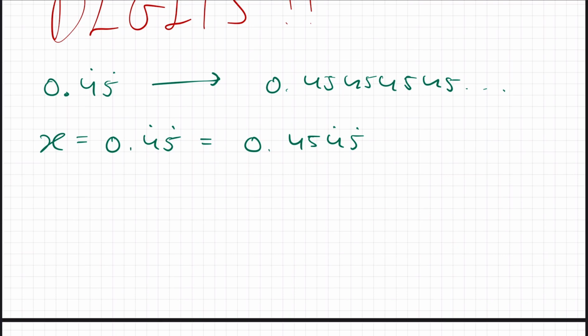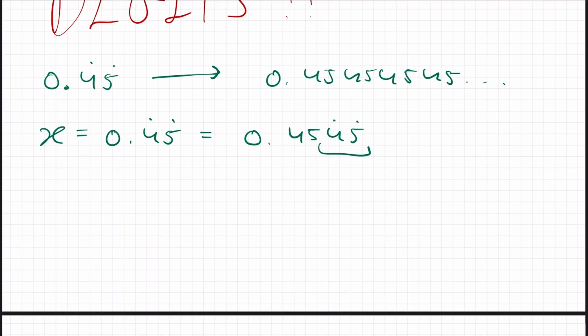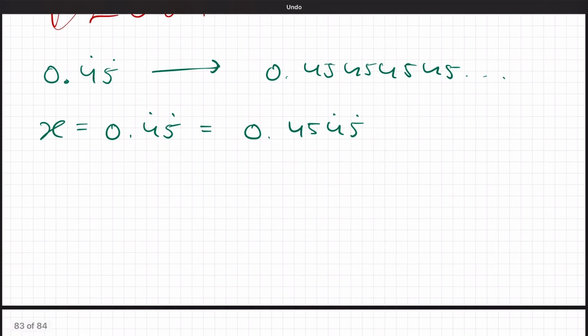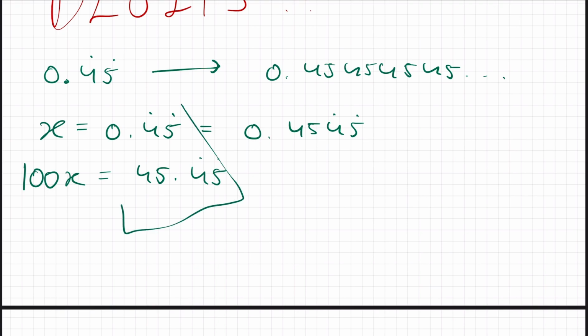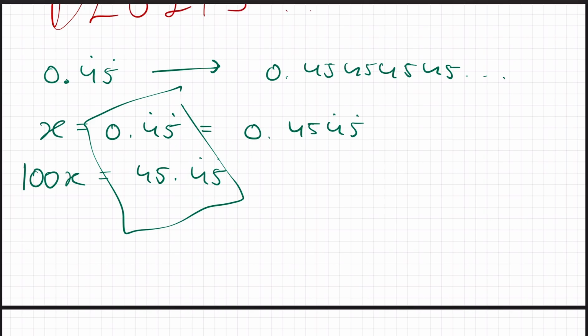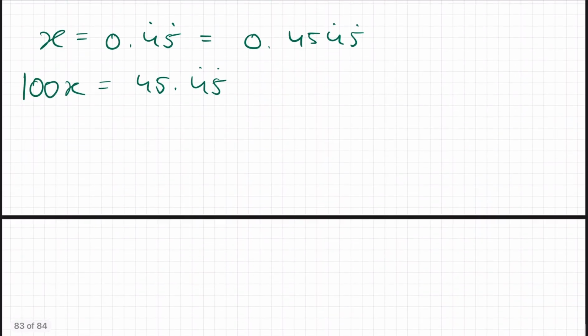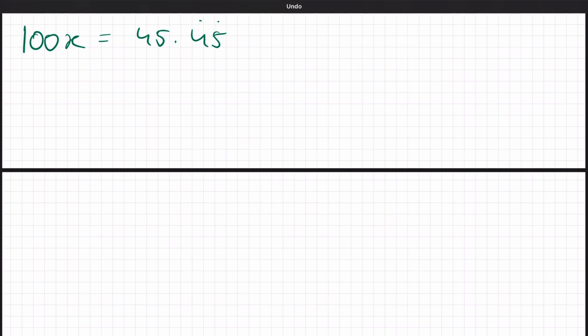So if we multiply this one by 10, then these recurrent digits will move over here and cancel out with these. So let me show you guys what I mean. Sorry, not multiply by 10, multiply by 100 this time. So 100x is equal to 45.45 recurring. And now you should be able to see that, again, these recurrent digits are going to cancel out when we subtract.